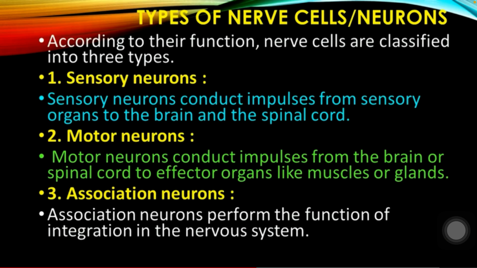However, multicellular animals like humans have a nervous system to respond to stimuli. Control and coordination is brought about with the help of a special type of cells called nerve cells or neurons.